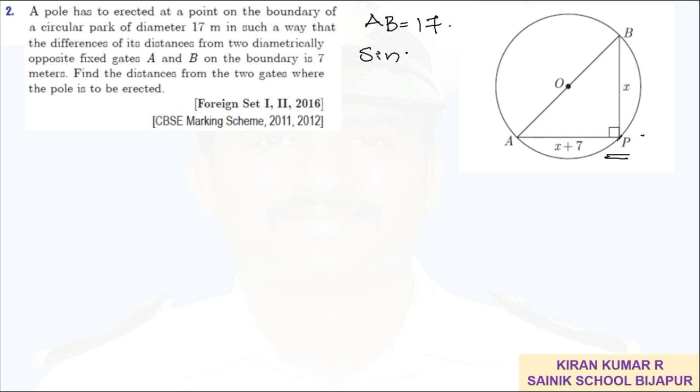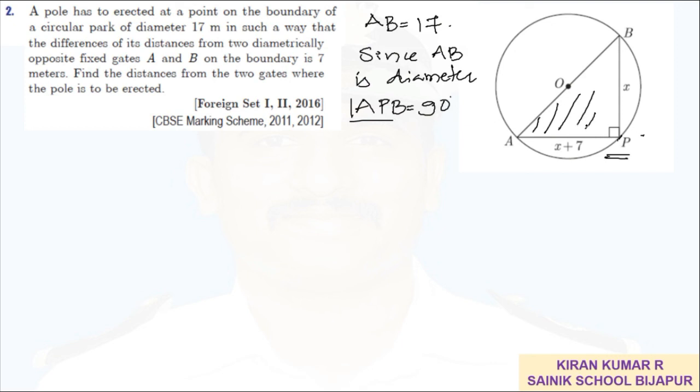Since AB is diameter, angle APB will be 90 degree. Once the angle is 90 degree, I get a right-angled triangle.